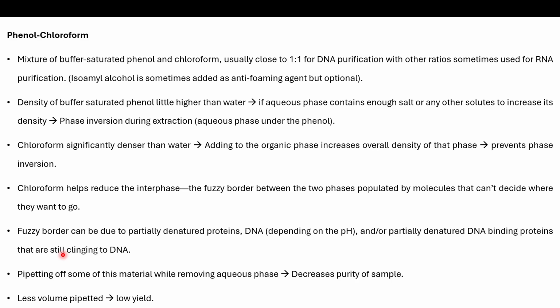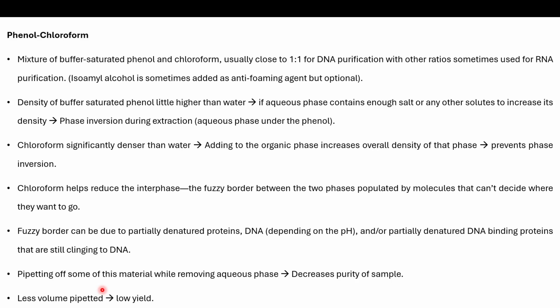The DNA has moved to the aqueous phase, but the DNA bound proteins can't really move to the aqueous phase, and the binding is so tight that they can't completely detach and come to the phenol phase. In that scenario also, sometimes these DNA binding proteins can stay in the interface.